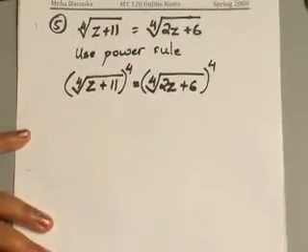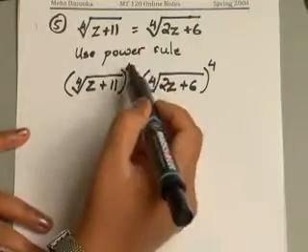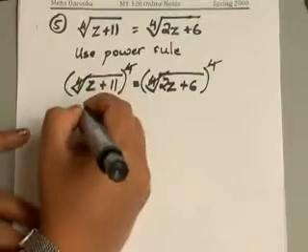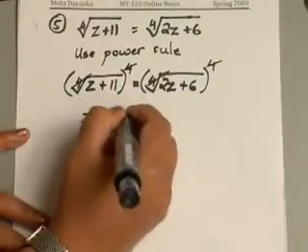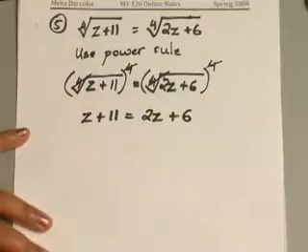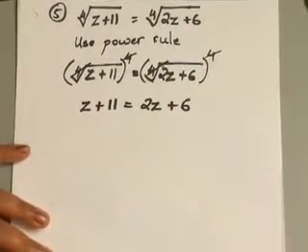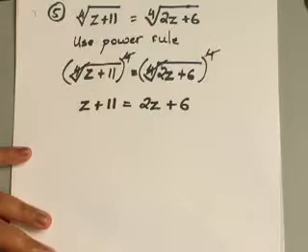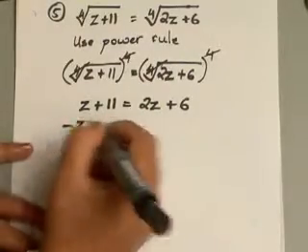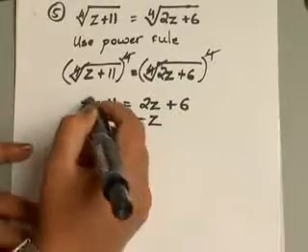Okay, and again the fourth power will cancel out the fourth root on both sides, and you will end up with z plus 11 equals 2z plus 6. And all you have to do now is combine like terms. Once you get rid of the radicals, we will start by moving our z over to the other side.